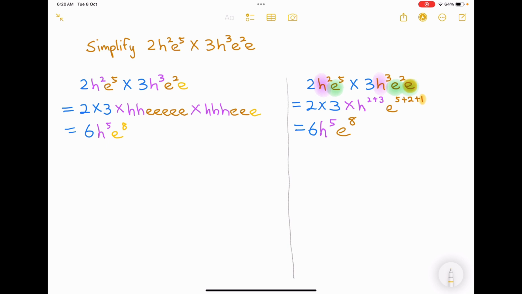If you got the answer correct, well done. If you got it wrong, even better. Because from now on, you will remember that when there is just one e, the index is 1.